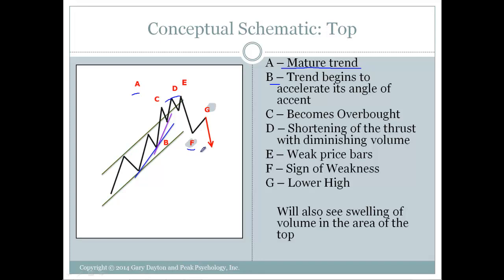Okay, we'll see that. And as this is all occurring in here, we're going to see what I call a swelling of the volume in the area of the top. You're going to see much more volume coming in this area because lots of eager buyers, but professional traders, for the most part, understand that it's too risky to hold stock or commodities or whatever it is that is being traded.